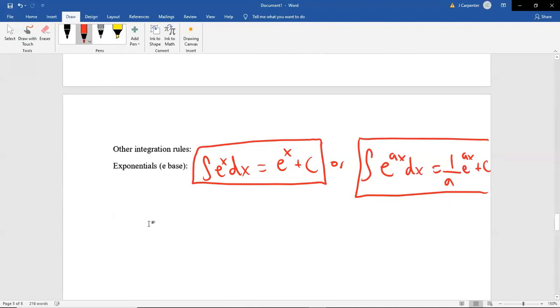Then for our natural logs, we have that the integral of something, I'm going to leave this something blank for a second, equals the natural log of the absolute value of x, and of course plus the C. And I'm trying to exaggerate the absolute value parts because of the L and Ln.